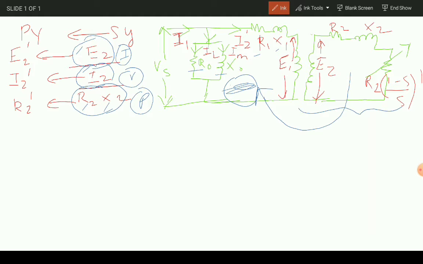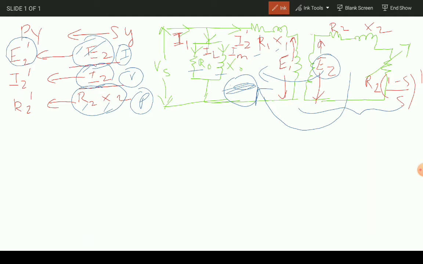If I want to bring E2, which is in the secondary, to the primary, I will mention it as E2 dash. The reason is, E2 is the secondary, that is the rotor EMF. If I write it as E2 dash, it is still the rotor EMF, but transferred from rotor to primary, the stator.